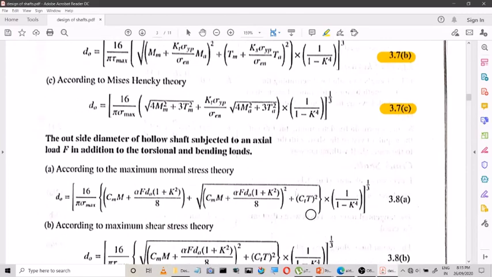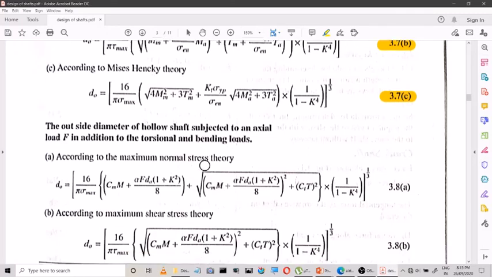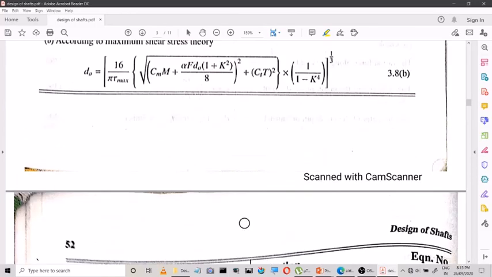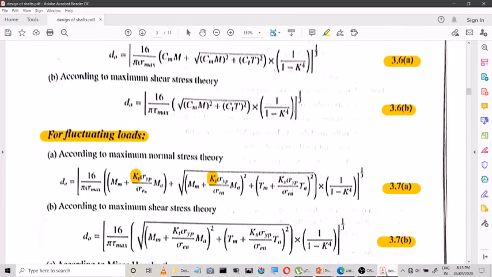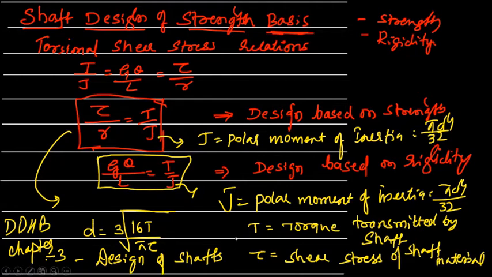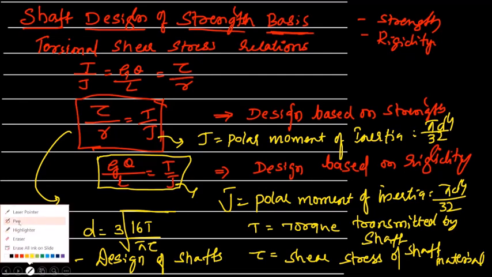If a slenderness ratio is there, then you go for this equation. We'll come back to the theory portion. For the equations, refer to chapter number 3, where you have all of them.